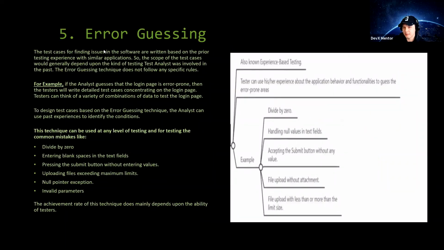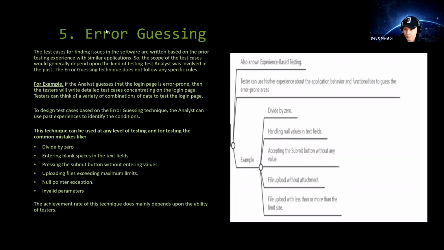The fifth technique is error guessing. This is what we're usually doing right now because we didn't know about boundary value analysis or partitioning. So it's also one of the techniques, error guessing. The test cases for finding issues in the software are written based on prior testing experience with similar applications.